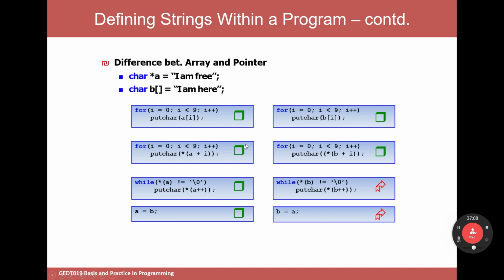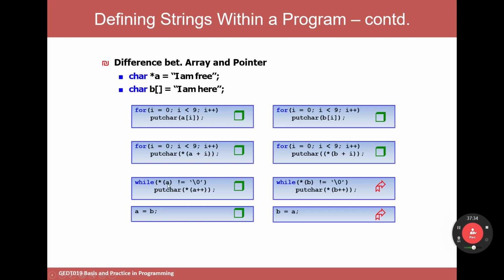Now if you use the pointer notation, you say, for example, loop in A and then increase the pointer by 1 every time and then print the value of the pointer. This will be okay, and also okay for B. Now let's go to this notation. If you see star A here, that means the value of the pointer.